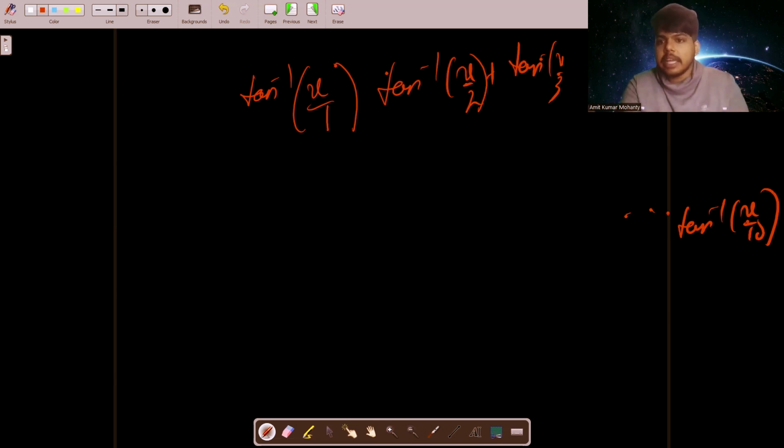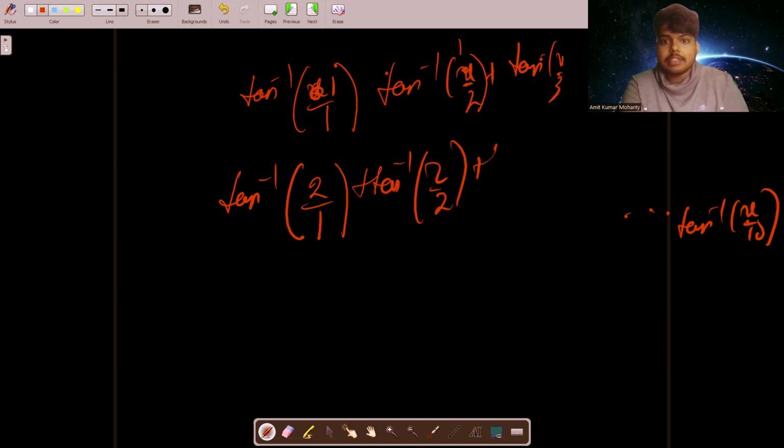Clear? Let's change the x. Then how will the terms look like? If I make it a tabular structure, if I take x as 1, this all will become 1. The next term will be tan inverse, how much? I kept the top as constant and changed the bottom. Now this one will be 2 upon 1 plus tan inverse 2 upon 2 plus tan inverse 2 upon 3, up to tan inverse 2 upon 10.